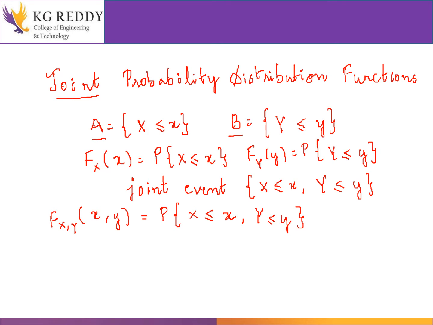Whenever we find the joint probability distribution, it is nothing but the intersection of both the events, the things that occur commonly in A and B. So it is the probability of A intersection B, and this A intersection B must be defined on a single sample space.